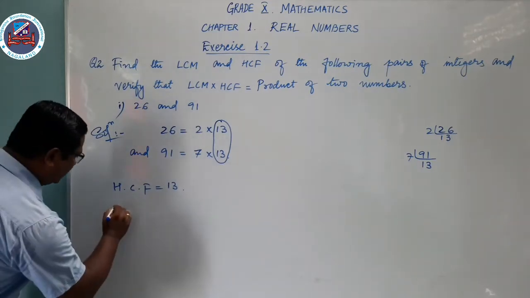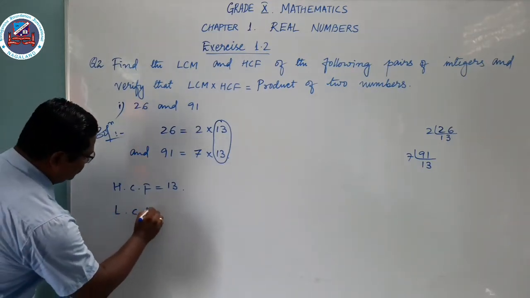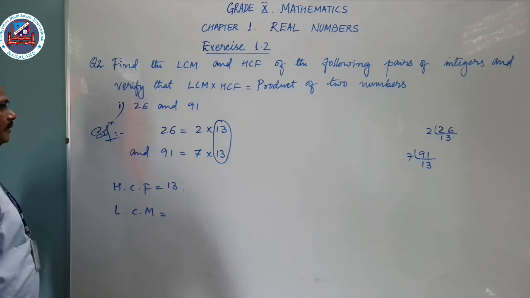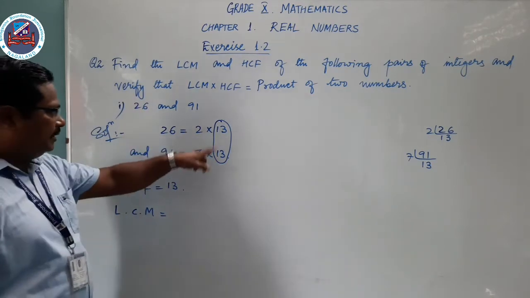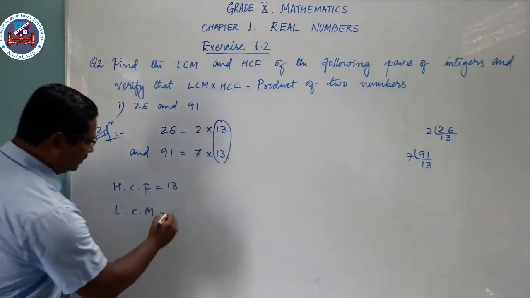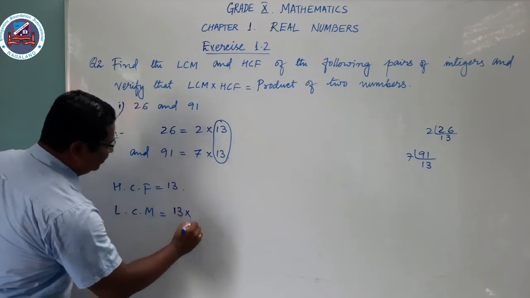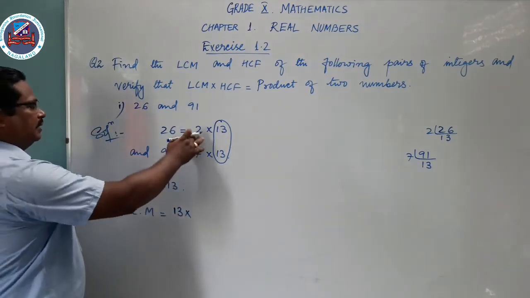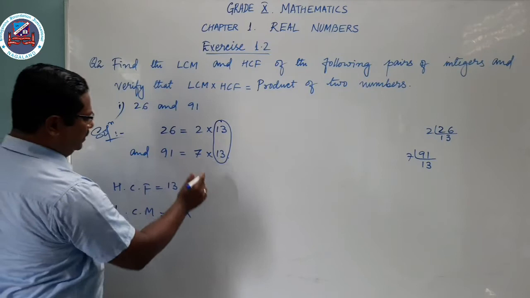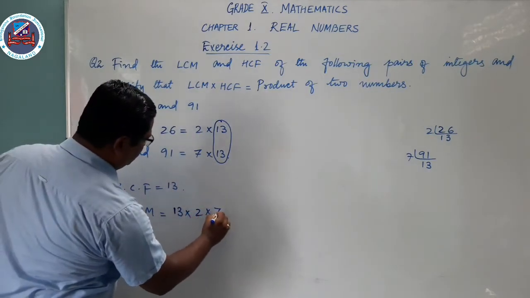When you find out LCM, the least common multiple, then this 13, the HCF you have taken, you will take it, and the other numbers that you did not take earlier, the other primes 2 and 7, 2 into 7.